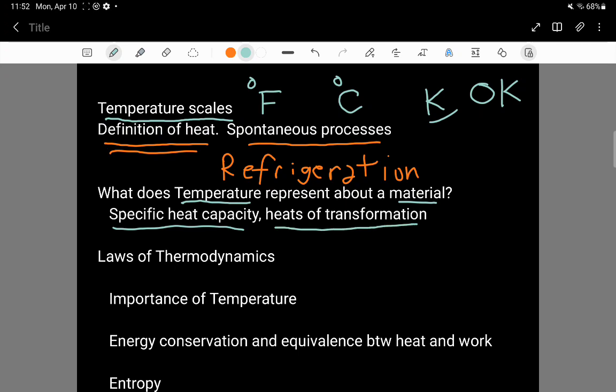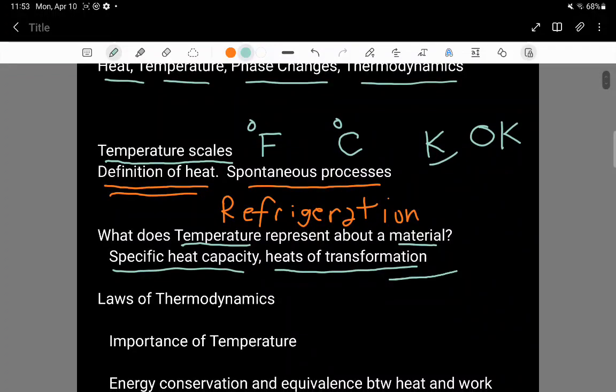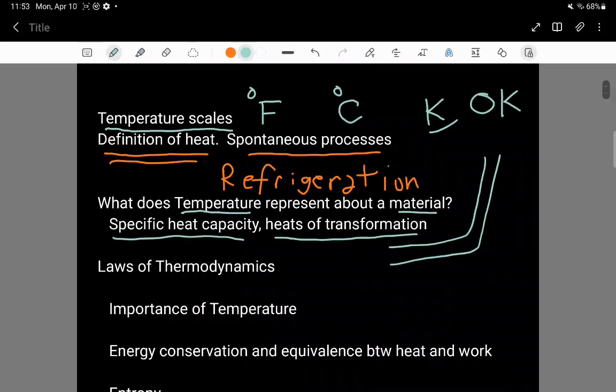For example, the heat of melting or the heat of condensation. These are known as heats of transformation. And all of these topics help us understand, for example, refrigerators, but they also help us understand the physics of weather, right? And weather forecasting, that is weather prediction.